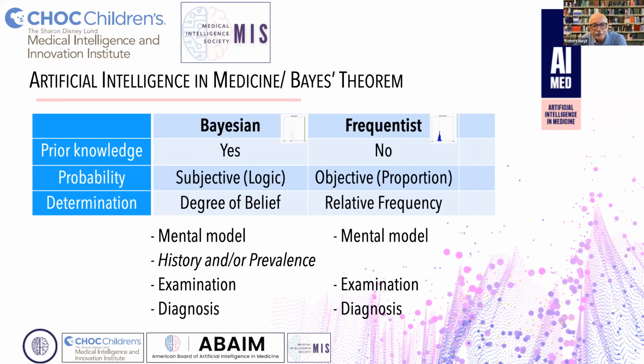I mean, no clinician is going to ignore history or prevalence, but I think the clinicians I work with definitely place different levels of emphasis on all of that. Yeah, Bob? Well, I just wanted to say you have to think through that.